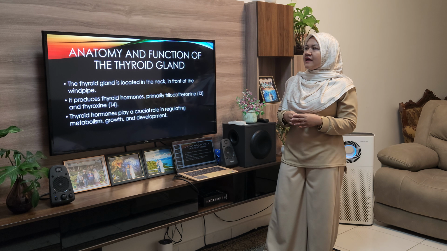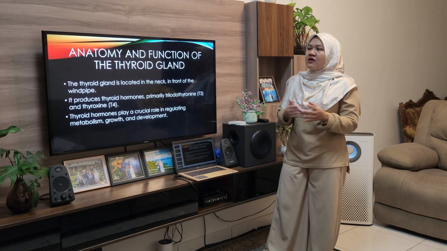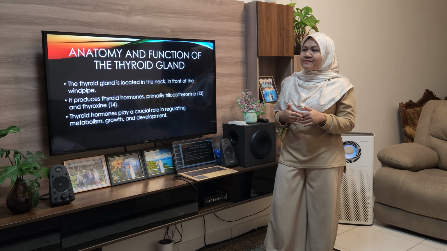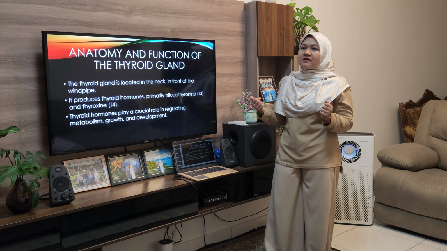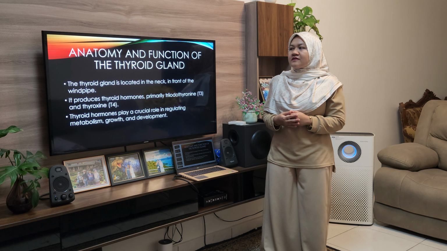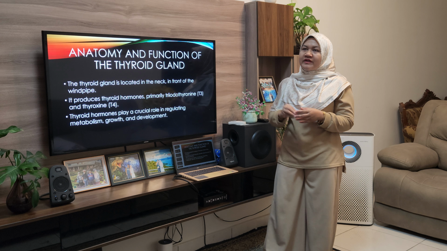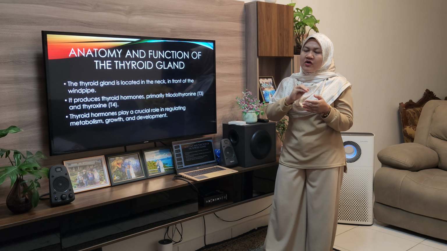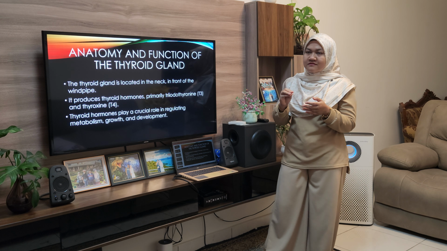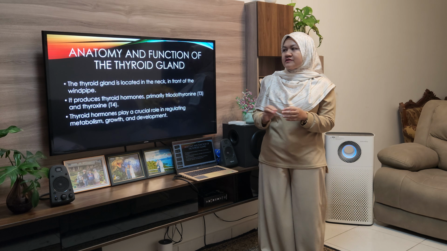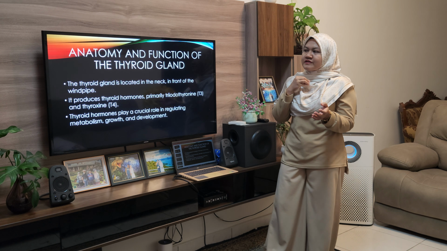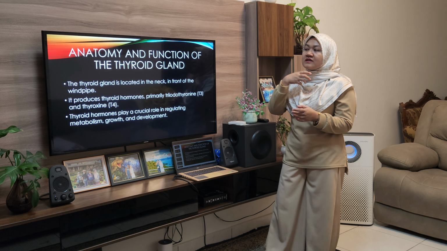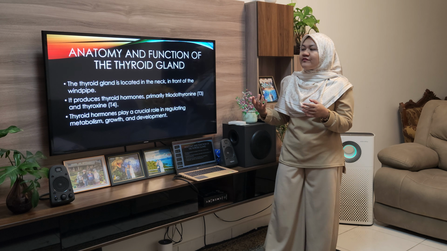The anatomy and function of the thyroid gland. As I mentioned in the introduction just now, thyroid storm happens when there is excessive release of thyroid hormone into the body. Thyroid hormone is produced in the thyroid gland, which is located in the neck, in front of the windpipe.